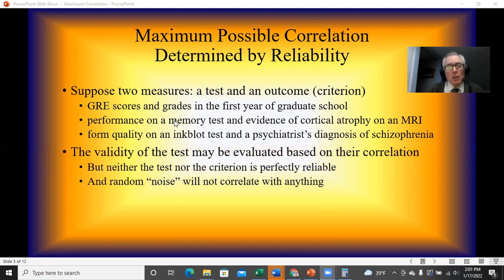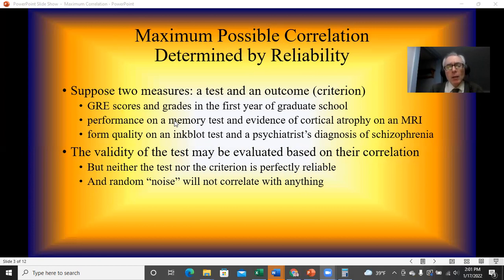Now, the validity of a test is often evaluated, judged, based on its ability to do exactly this sort of thing. If inkblot form quality doesn't correlate with psychiatric diagnosis, then we think of it as less valuable. Likewise, if GRE scores fail to correlate with first-year grad school grades, we think of the GRE as less valuable.